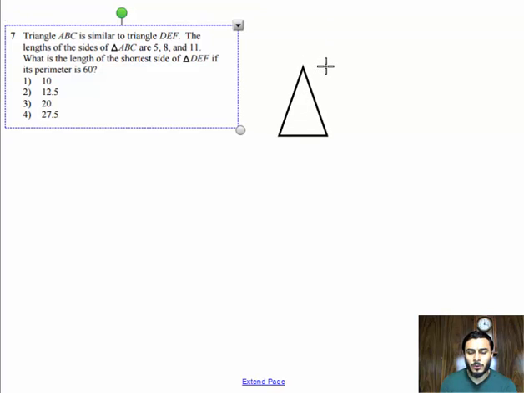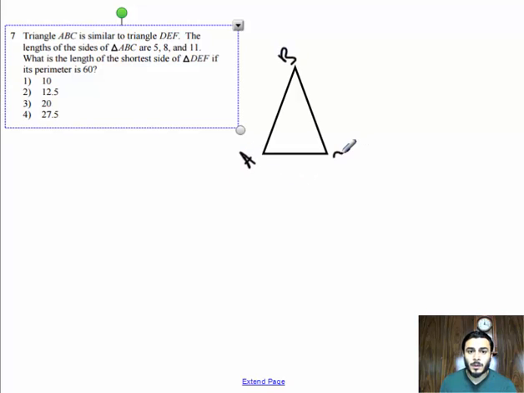We've got a triangle ABC, which is of course not drawn to scale, and it has sides of 5, 8, and 11. The perimeter of this triangle will be 8 plus 5 is 13, 13 plus 11 is 24.